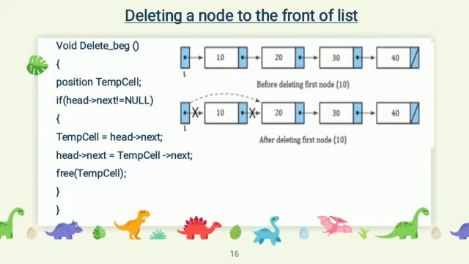If the condition is true, that means we have some elements. So we delete the first element by changing temp cell of next value to the head of next value. Now the temp cell is free, so we delete the temp cell easily. That is the first node of the list.